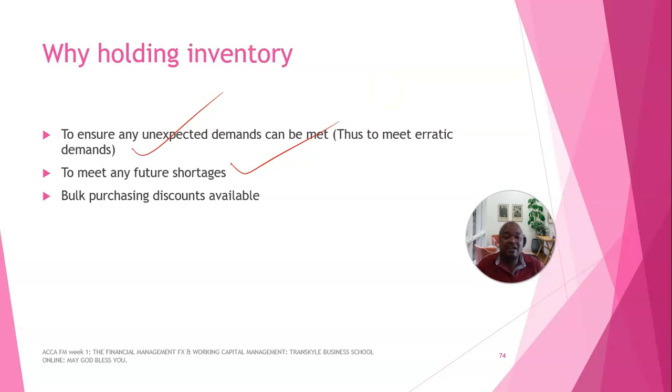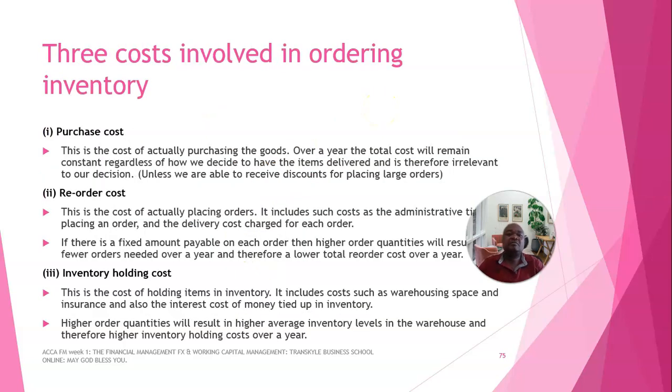Then, to meet any future shortages, sometimes there could be some stock outs, even at the wholesalers. So we are not going to be out of business because of such scenarios. So we need to keep some inventory that will give us enough headroom to counter such shortages. Then bulk purchasing discounts. If we buy a lot of inventories, we are likely to enjoy some bulk purchasing discounts.